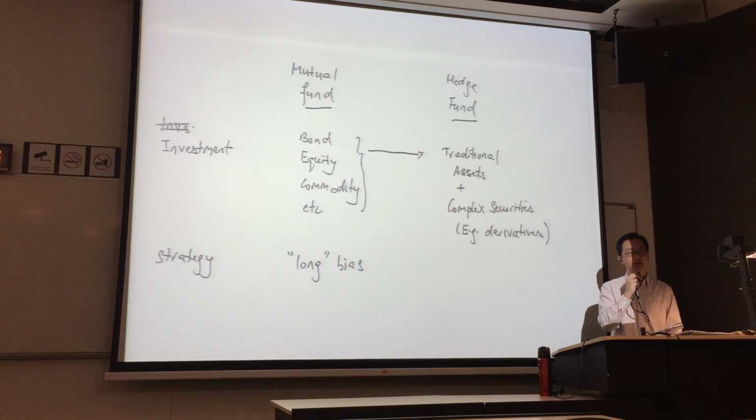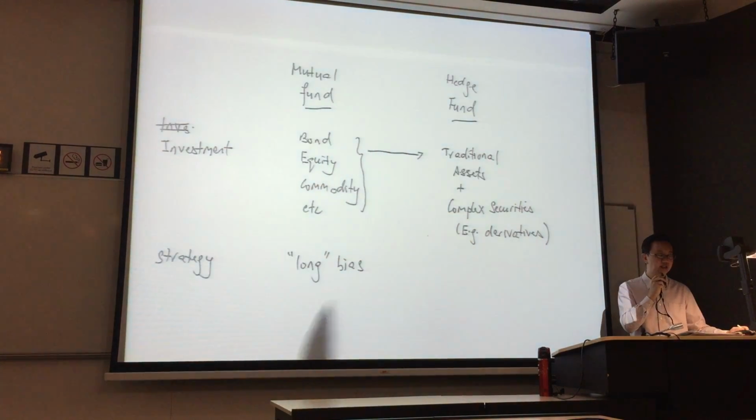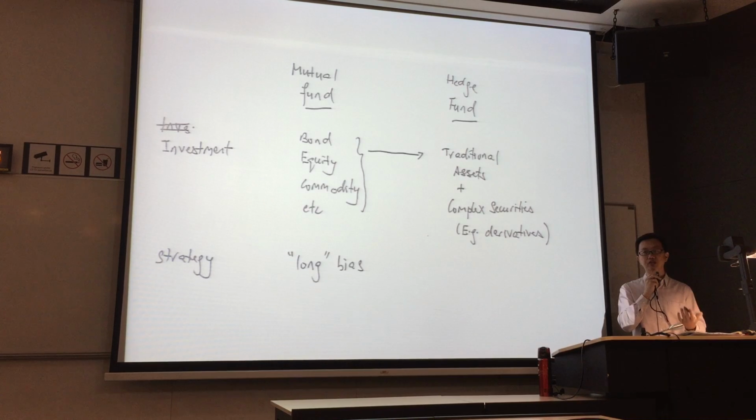However, if they feel that the equity market is overvalued, it's too expensive, they will not be going on a short position. They will not short sell the stocks in the marketplace. That's why I say a typical mutual fund, the strategy is long bias. They can buy stocks or they reduce it to zero holding, but they are unlikely to go into a short position.